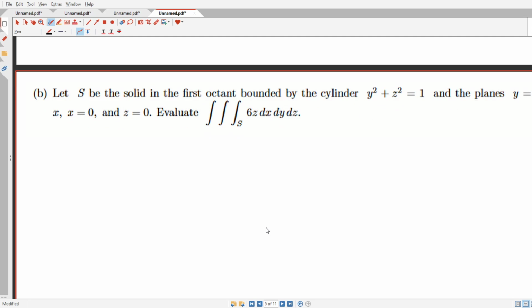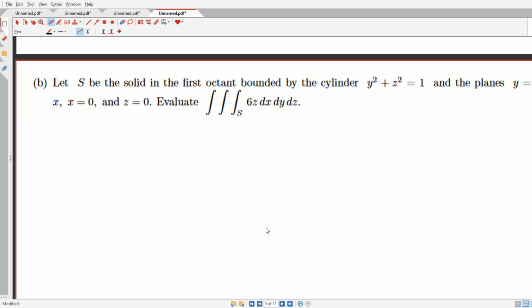Let S be the solid in the first octant bounded by the cylinder y squared plus z squared equals 1, and the planes y equals x equals 0. In the yz plane, this is a circle.